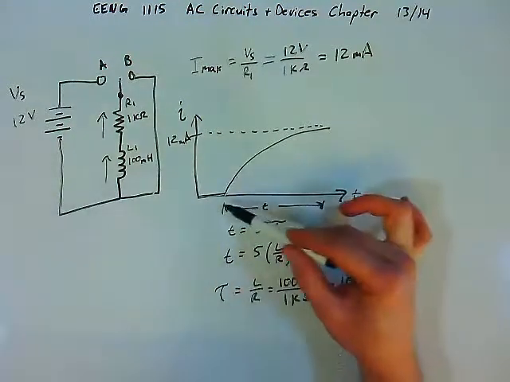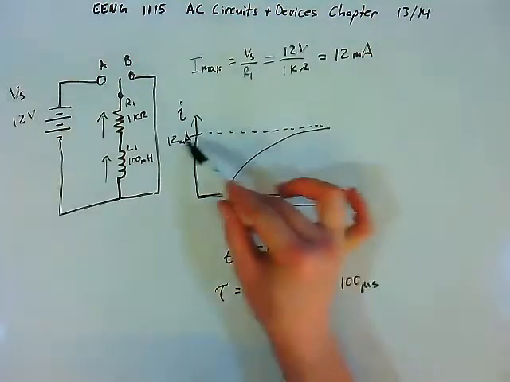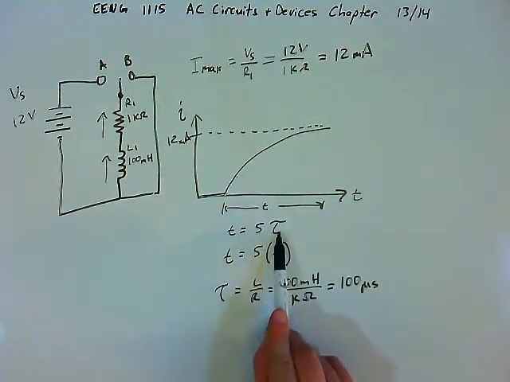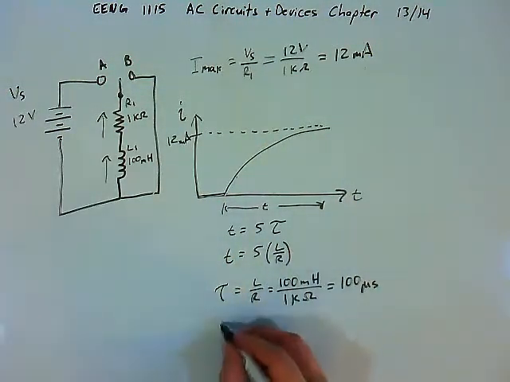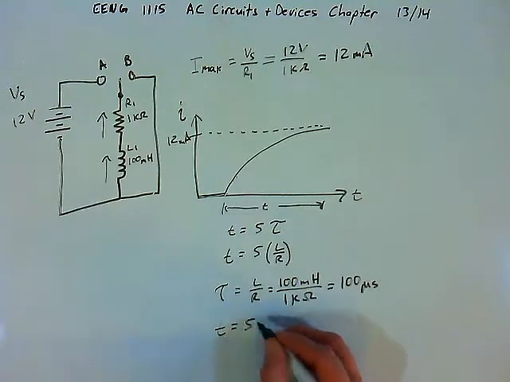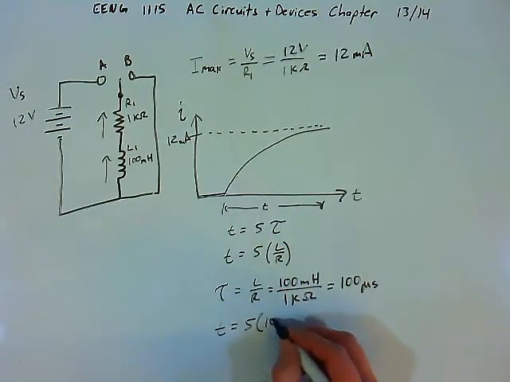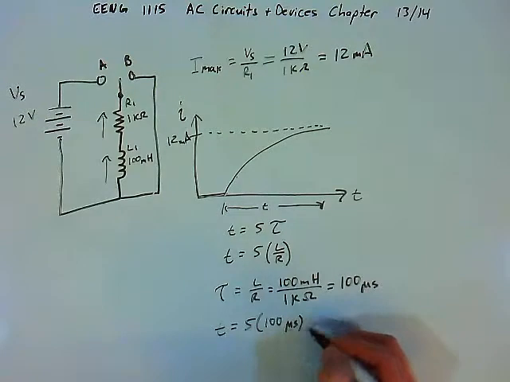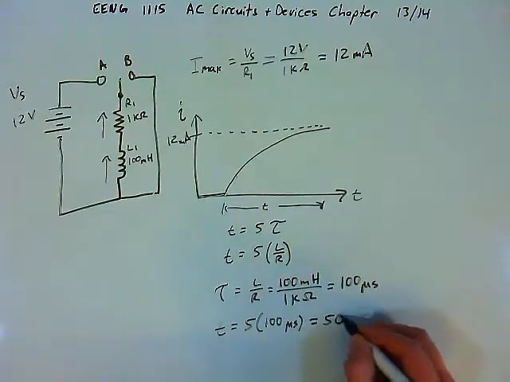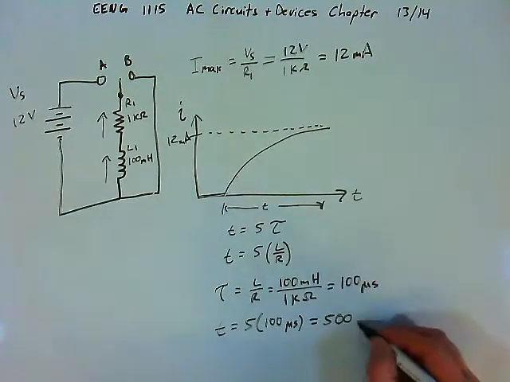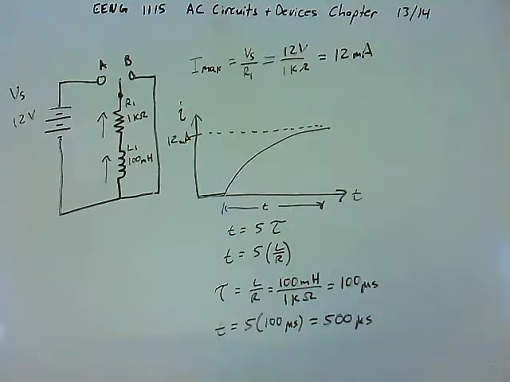So the time it takes for the current to rise all the way up to the maximum value of 12 milliamps is equal to 5 times tau. So the time is 5 times 100 microseconds. The time it takes for the current to rise from 0 up to 12 milliamps will be 500 microseconds.